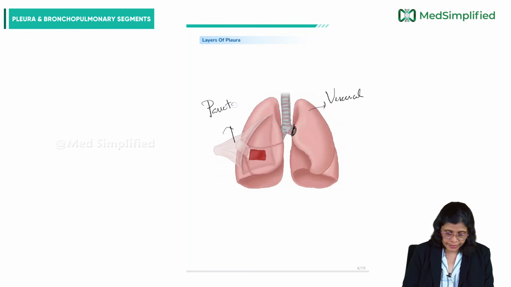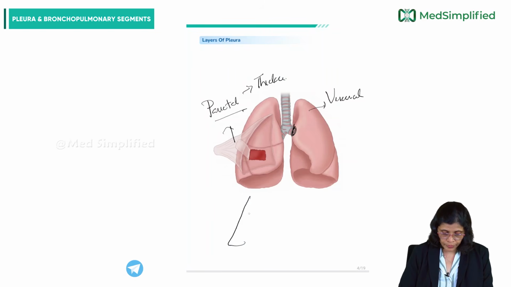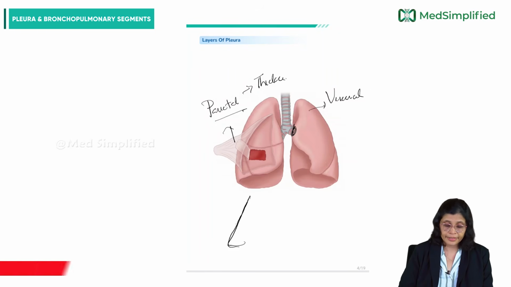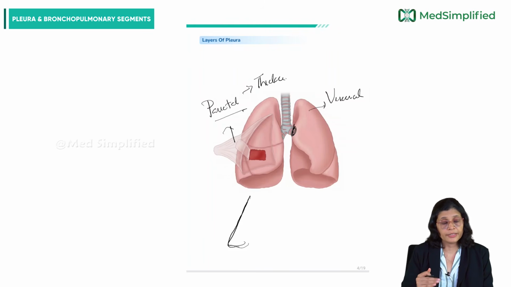The parietal pleura is thicker than the visceral pleura and it lines the walls of the pulmonary cavity. This parietal pleura is like a cone, so it will be lining the thoracic wall, the diaphragm as well as the lateral surface of the mediastinum, and also Simpson's fascia, which is called the cervical diaphragm.